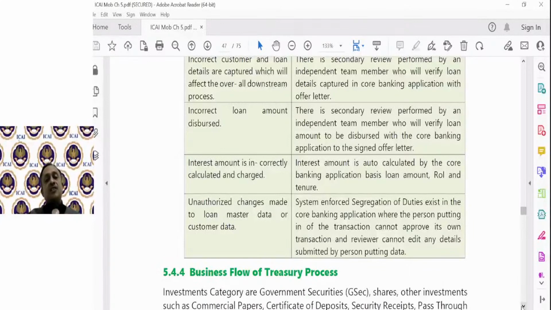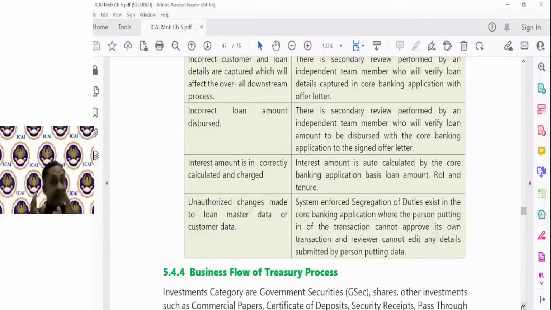System enforced segregation of duty has to be there in the core banking system, where the person putting in a transaction cannot approve their own transaction, and the reviewer cannot edit any details submitted by the person putting in the data. So there is clear cut responsibility segregation between the person who puts the data and the person who verifies the data.